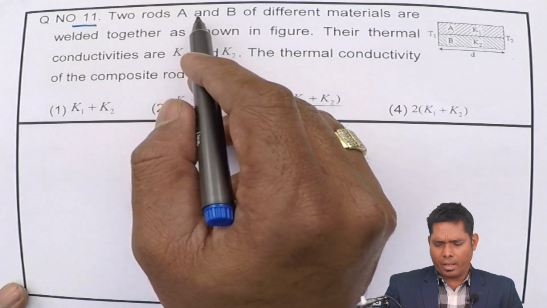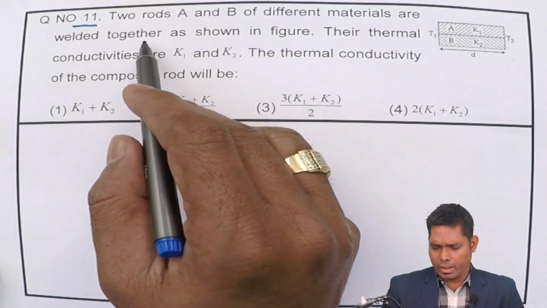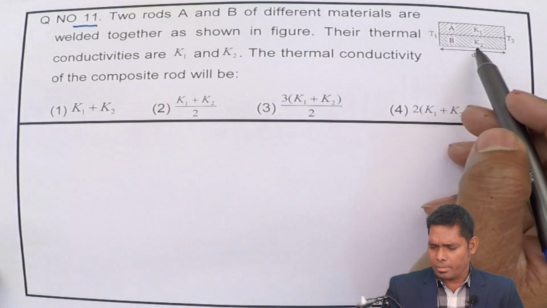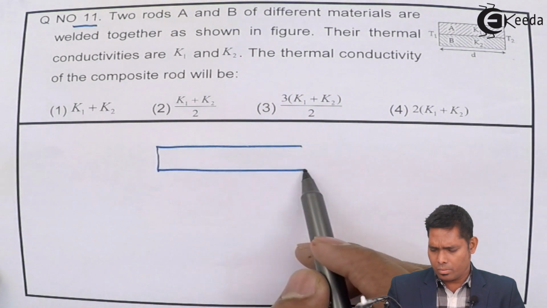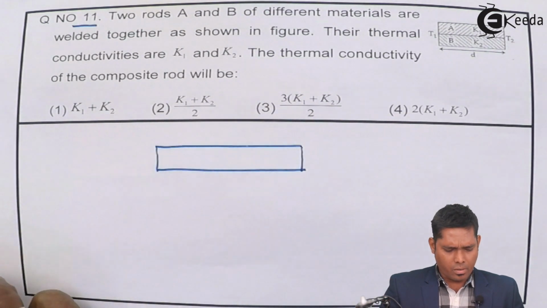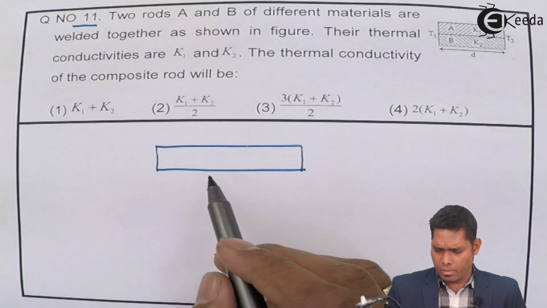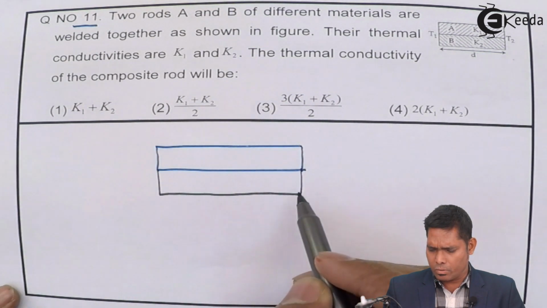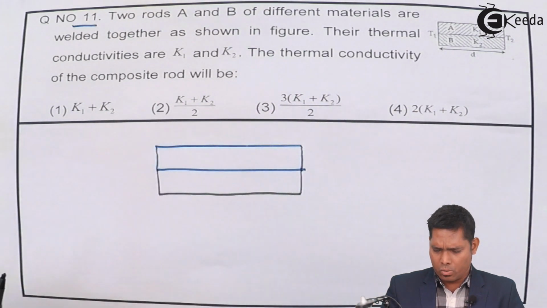Two rods A and B of different materials are welded together, as shown in the figure. This is one material, this is another material. Their thermal conductivities are K1 and K2.